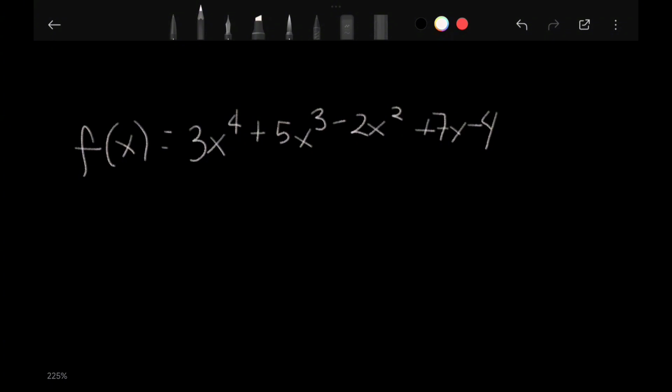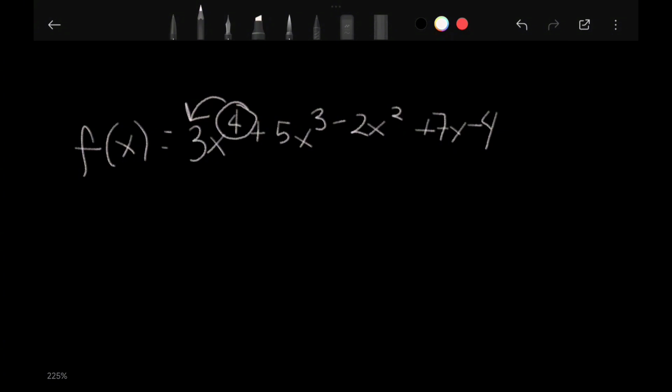When we differentiate each term, we have to use the power rule. It is when we multiply the power, like this, we multiply the 4, which is a power, to the 3.